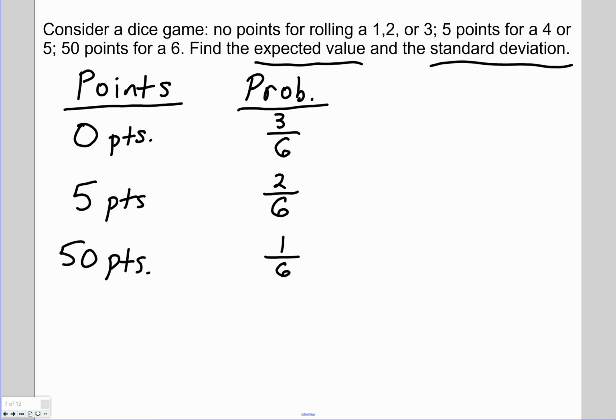So what is 0 times 3/6? 0. What is 5 times 2/6? 10 over 6. Calculator time? $1.67. Obviously, it's really 6 repeating, but we'll round. And then what about 50 times 1/6?